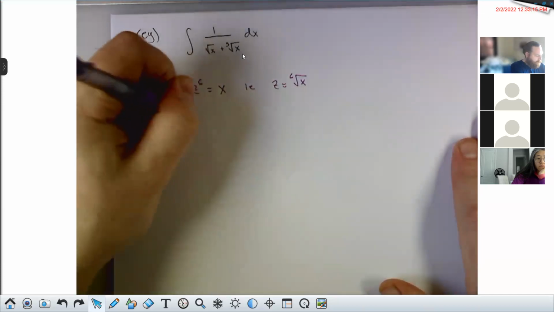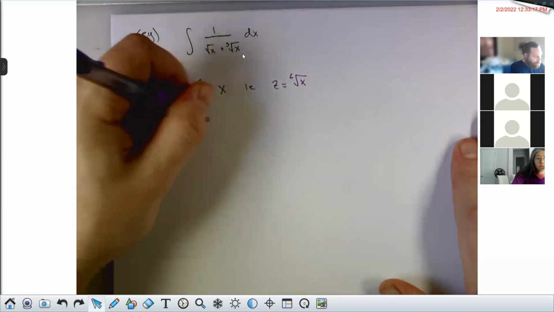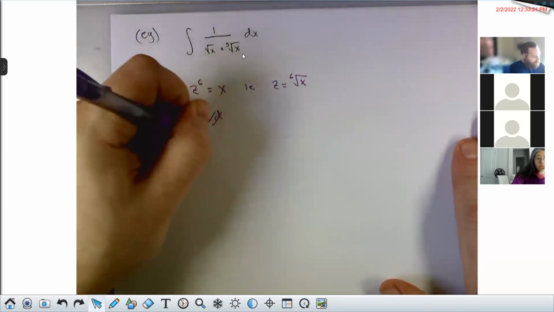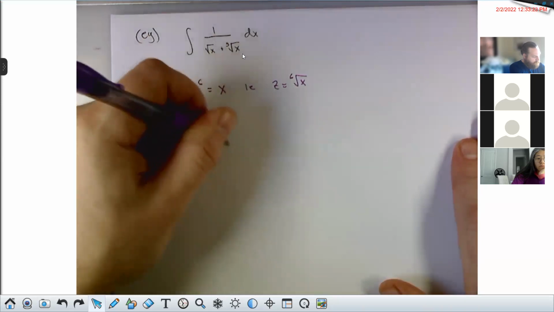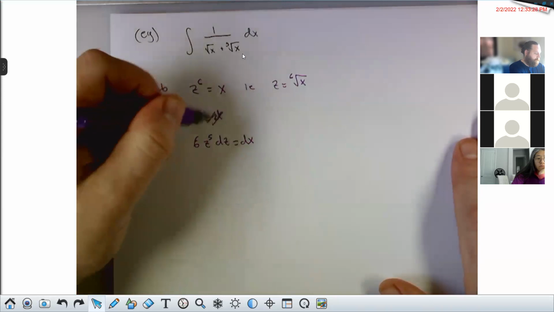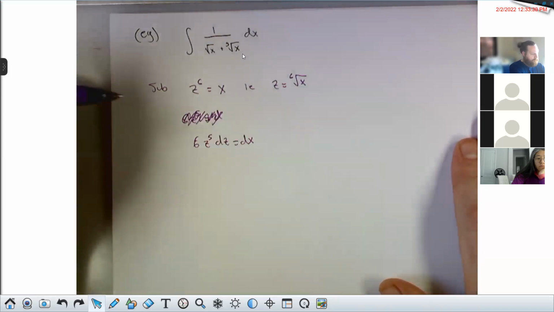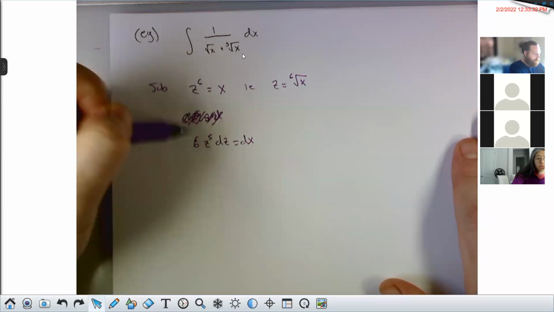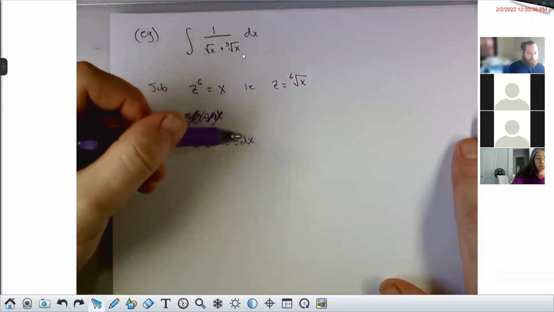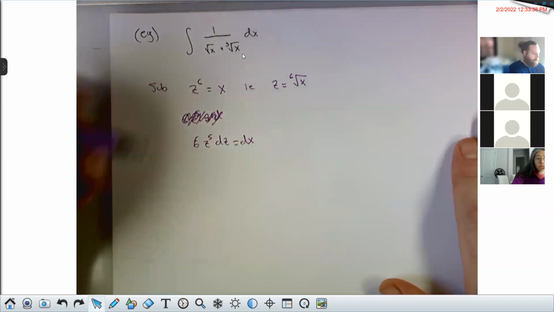Then you get 6z to the 5 dz equals dx. Just differentiating z to the 6 is 6z to the 5. Taking the differential of x is dx. So this is what you have.